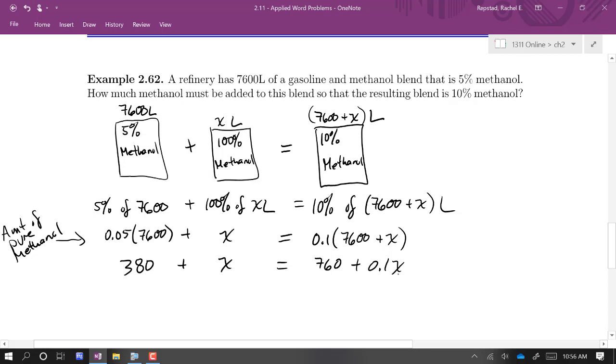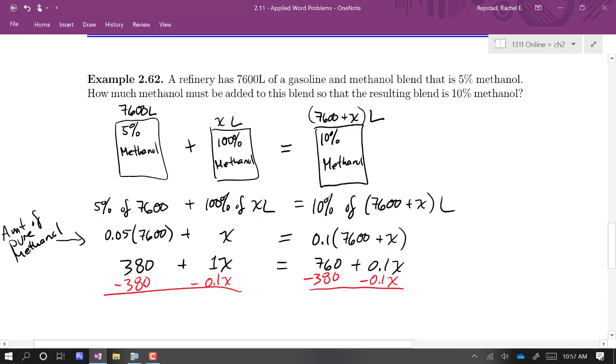Alright, so now it's a nice linear equation. We know how to solve these. I'm going to get all my X's on one side. So I'm going to subtract 0.1X, and I'm going to subtract 380 from both sides. On the left side, I've got X minus 0.1X.